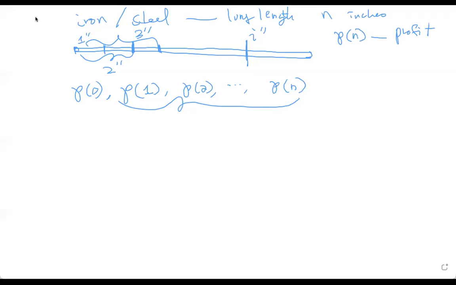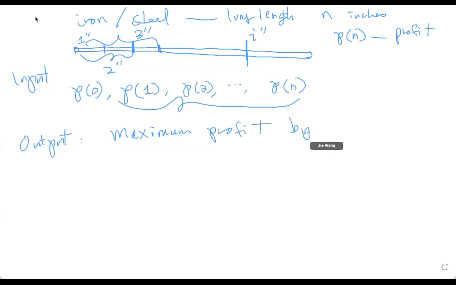So this is your input. And what's your output? Well, output is obviously I want to make the maximum profit by figuring out how to cut that rod.